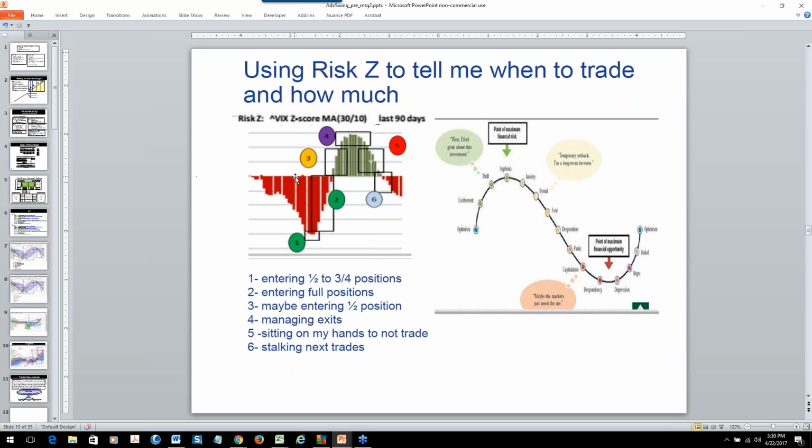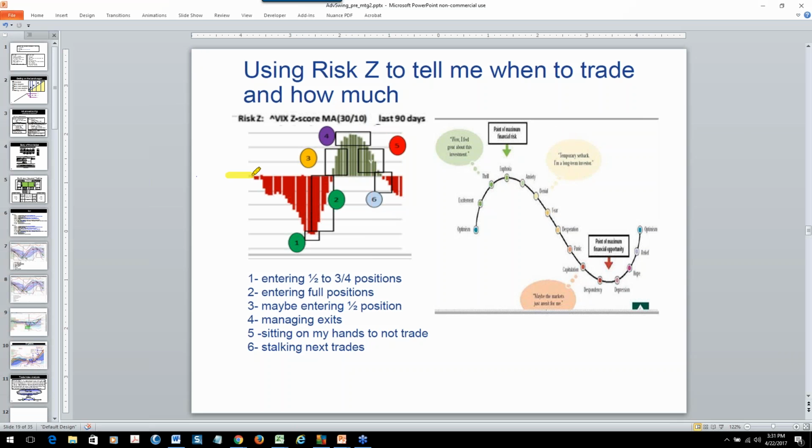He had done some minor tweaks to it, but he was generally following the main ideas of the swing trades, using some refinements from the ETF2 relative strength, but mostly I would say 80% of this was generated around the mechanical swing trades. And so what he discovered was that when he started applying the risk Z, this is that daily histogram, when he looked at his performance numbers of his trade log and then compared it to what condition was the risk Z in, these are the things that he found.